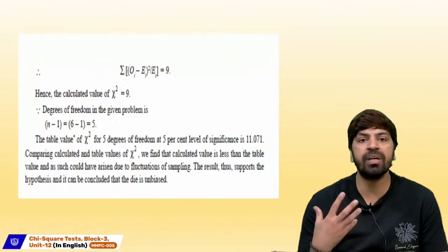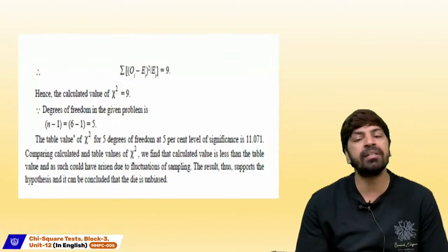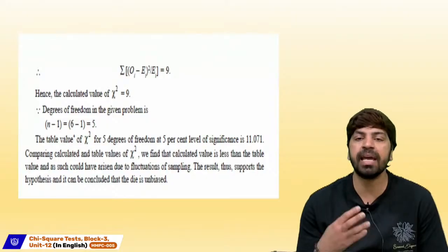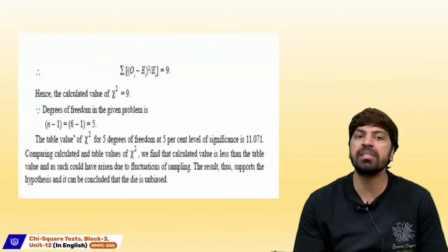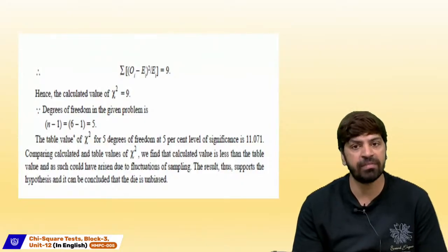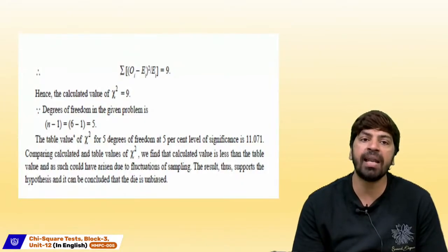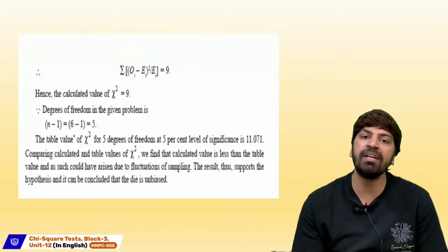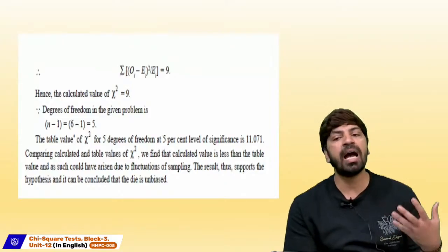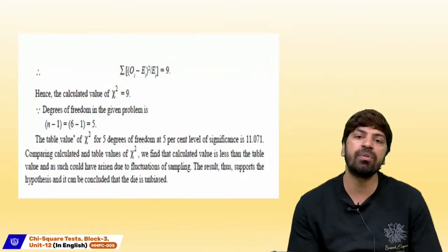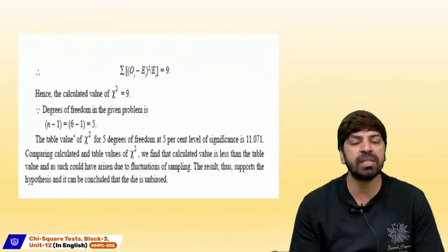So the chi-square value is 9, and the degree of freedom is n minus 1. How many values are there? 6. So 6 minus 1 is 5. Once we look up the value of chi-square for 5 degrees of freedom at 5%, the tabulated value is 11.071.